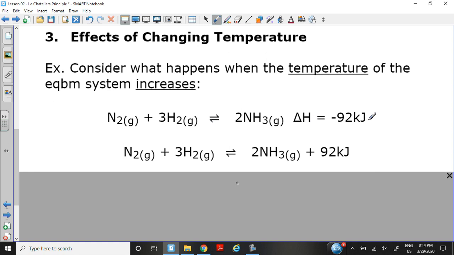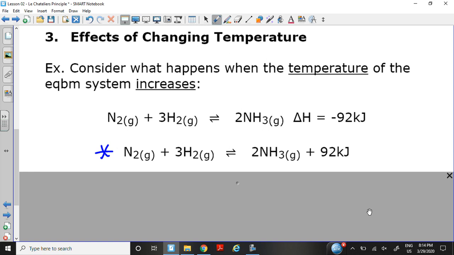One is with enthalpy, or the energy written separately. Delta H is equal to positive or negative and whatever the value is. But I would strongly, strongly, strongly recommend that you use this format for thermochemical equations. Write your reactants, write your products, and include the enthalpy in the equation.